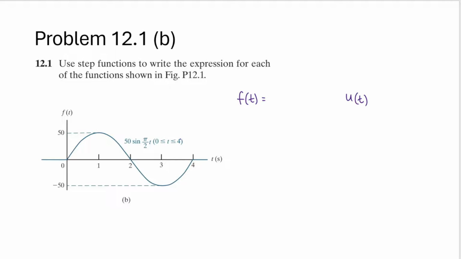But we are given that this is 50 sine pi over 2 of t, so we can just write that out. So we'll have 50 sine pi over 2t, and maybe let's move the u(t) slightly to the left, so it is like that.